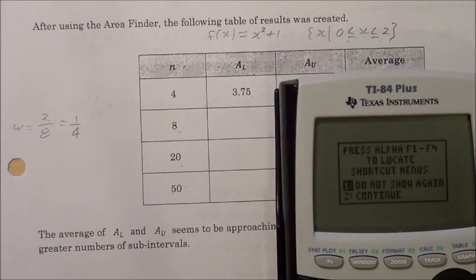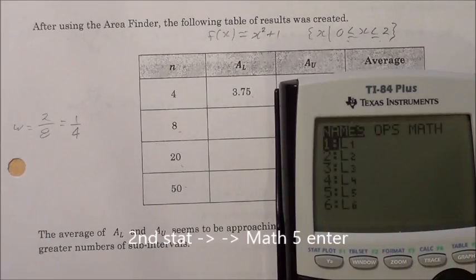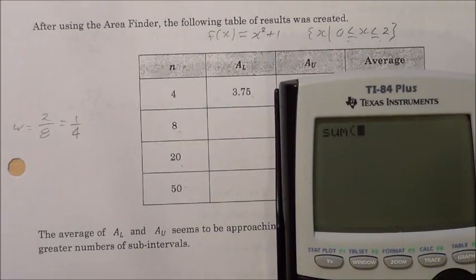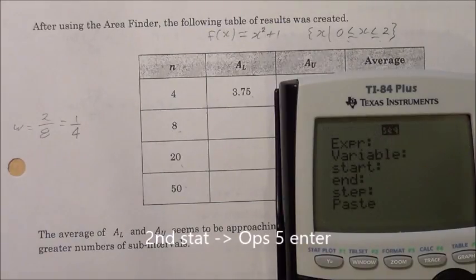So we'll turn this on, go to second stat, over to math, down to 5, which is the sum, and then second stat again, over to operations and go to 5, which is a sequence. Now we want the expression. The expression is the actual area, length times width.